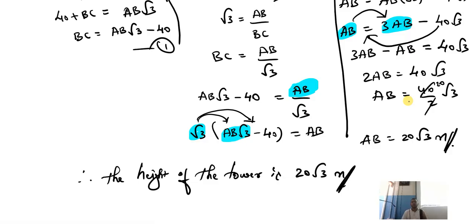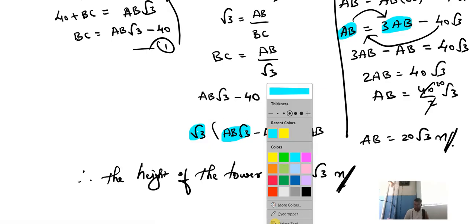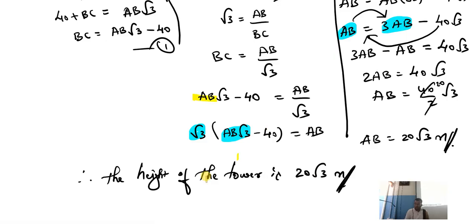Okay? Did you understand? Yes. Where? Root 3, I didn't take root 3 common here. See here, this step. Wait, I'll show you. Look at this step. How did we get this step?